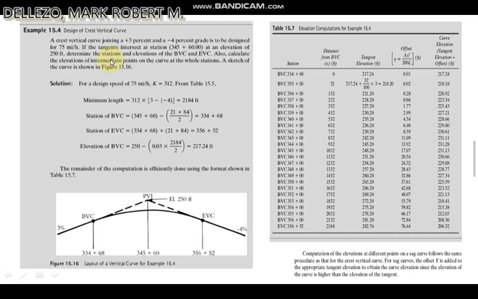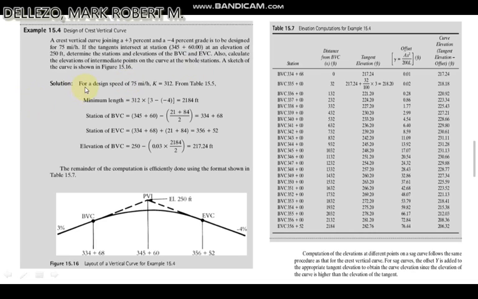Determine the stations and elevations of the BVC and EVC, and also calculate the elevations of intermediate points of the curve at all stations. A sketch of the curve is shown in figure 15.16.